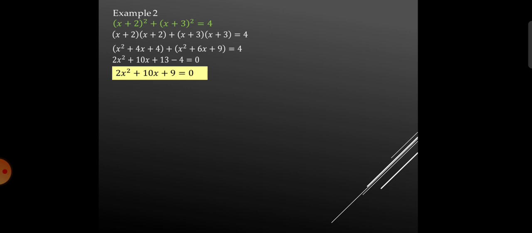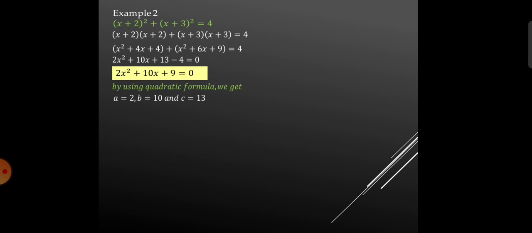So from that, we will choose a comfortable method of solving for the roots. The method I am using here is the quadratic formula, because it fits best; with the factoring method, it might take too long. So using the quadratic formula, we will first identify the values of a, b, and c.